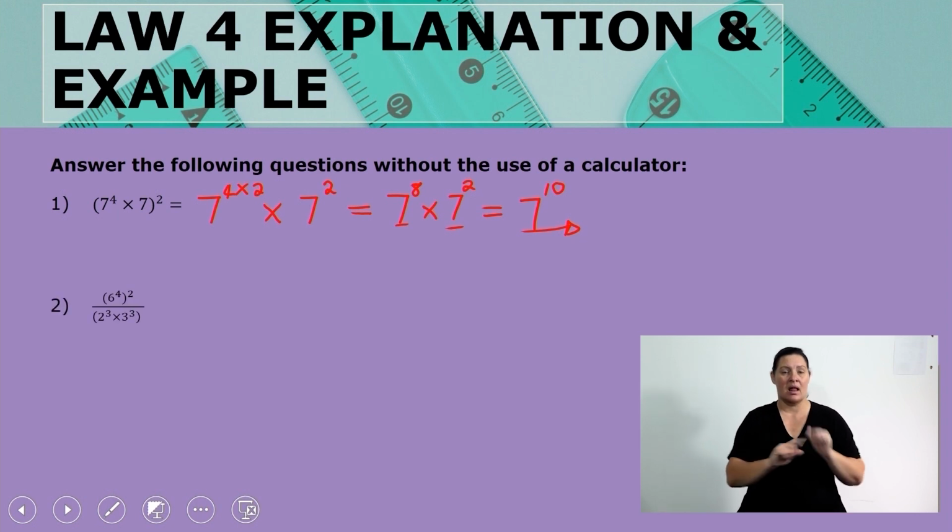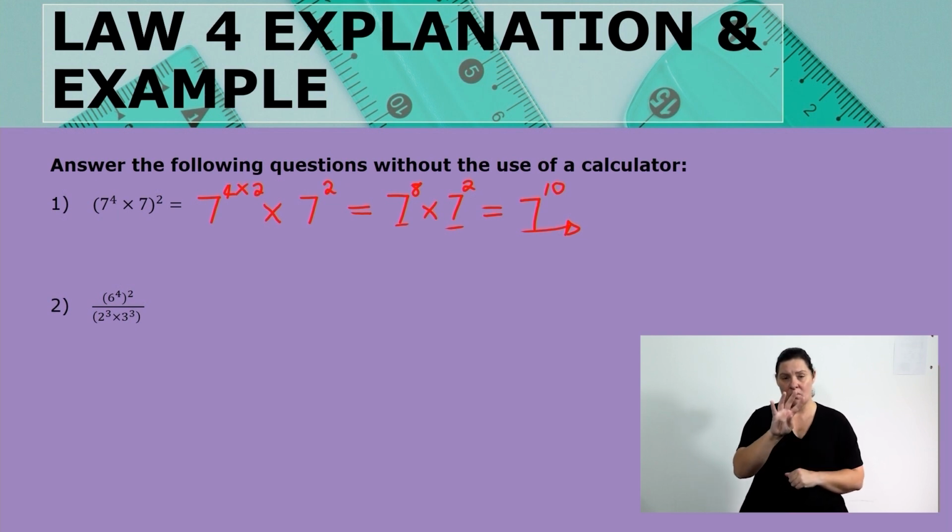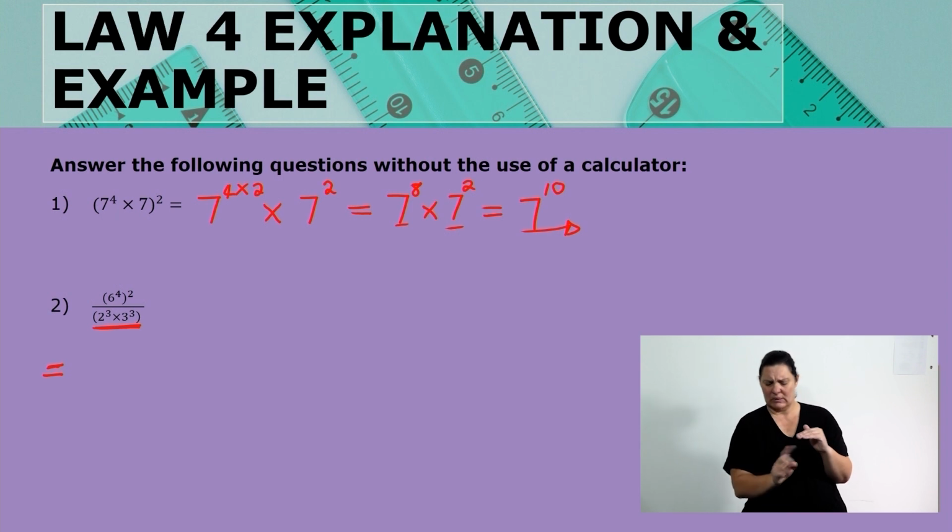And then looking at our last example, we have 6 to the exponent 4, and that power is raised to the exponent 2, divided by 2 to the exponent 3 multiplied by 3 to the exponent 3. Now, if you look at the denominator, what do you notice there? So we actually have the same exponent. So that means that we can multiply the bases.